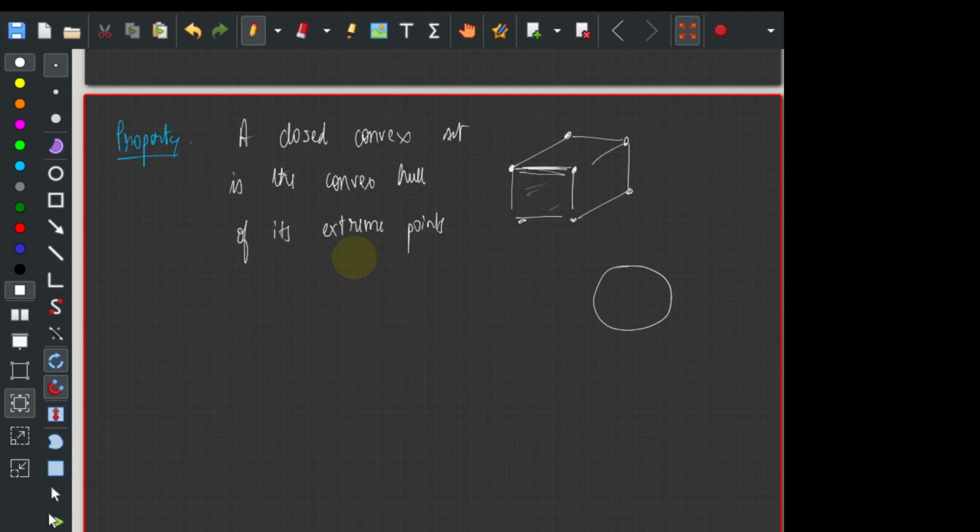So this gives a different view of the convex set itself. On the one hand, you can think of the convex set as obtained by taking the intersection of half spaces. But on the other hand, you can also view this as the convex hull of all the extreme points.